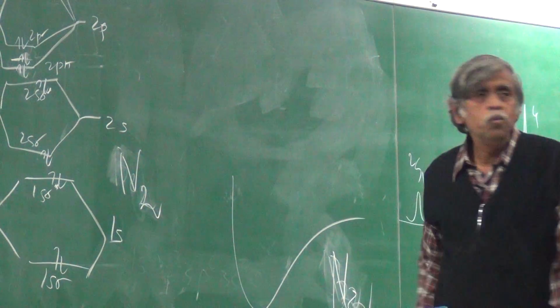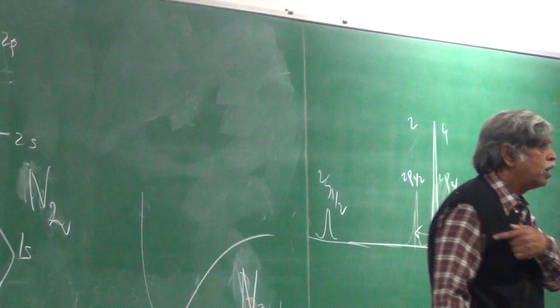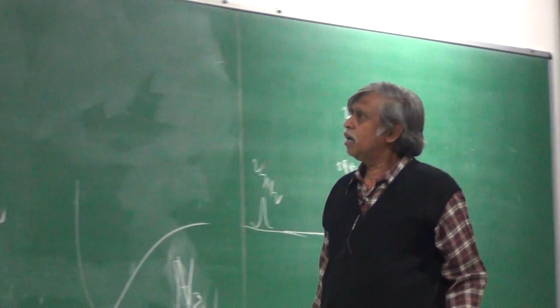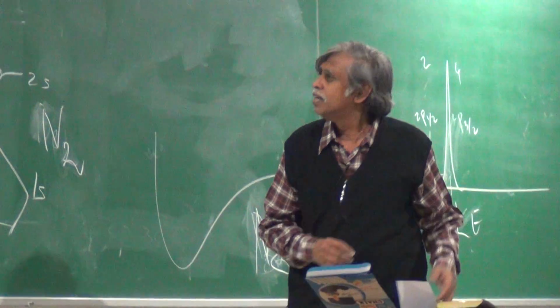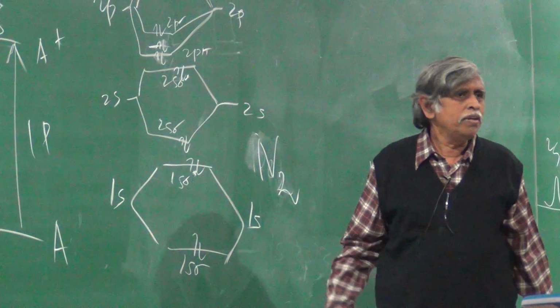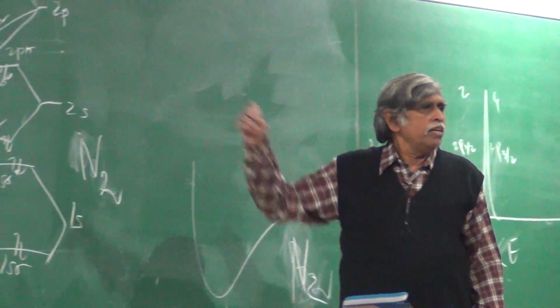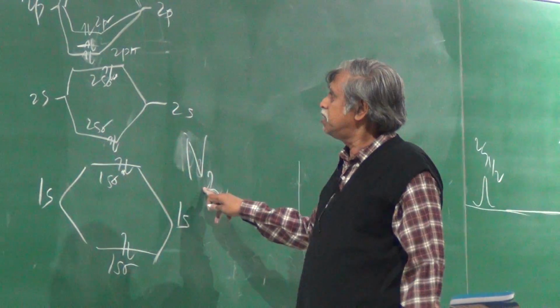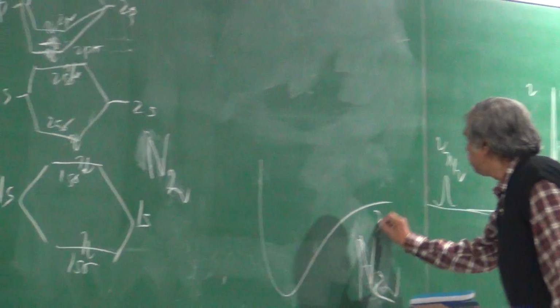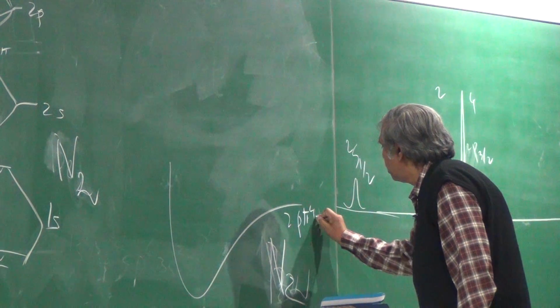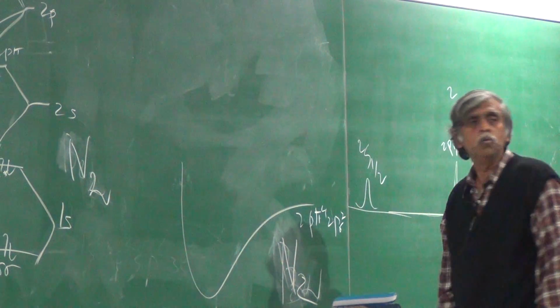Now what do I do when I do a photoelectron experiment? Let me say I do a UV photoelectron experiment. When I do a UV photoelectron experiment, what electron am I going to be knocking out? That's going to be the easiest. This one, right? Of course, in the case of oxygen and nitrogen, when I remove this, this is going to be 2p pi 4 and 2p sigma 2.